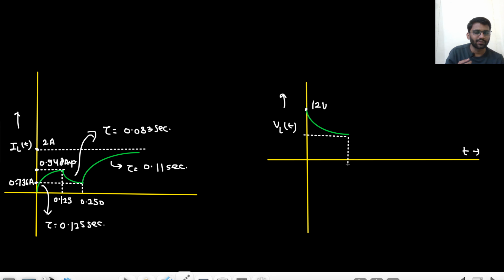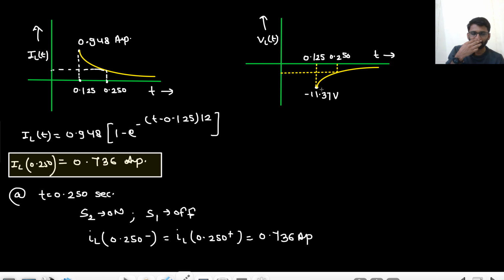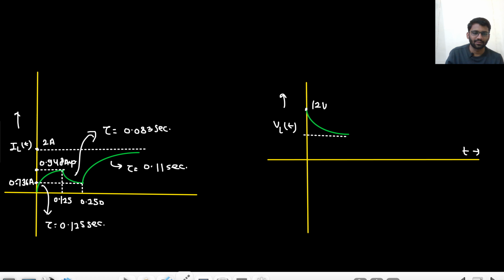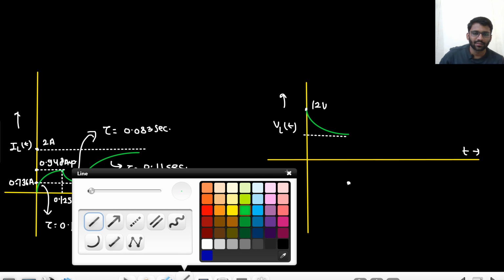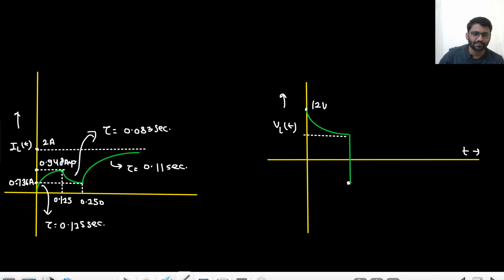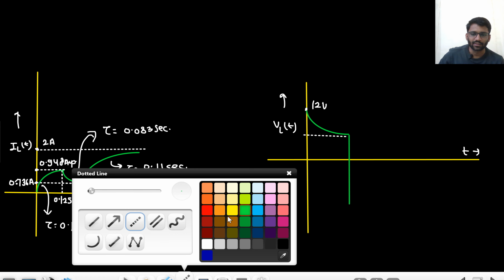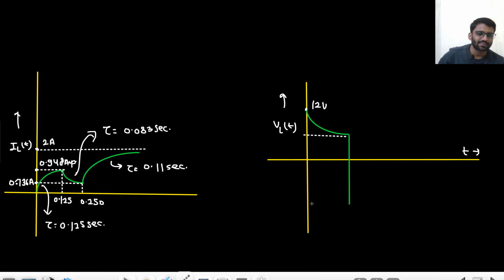Then at t equals 0.125, it suddenly drops to some value, and that value is minus 11.37. That value will be somewhere here. So it suddenly drops like this. It should go more down actually. Minus 11.37 volt, this value I know.